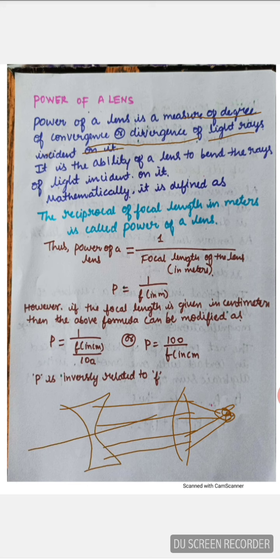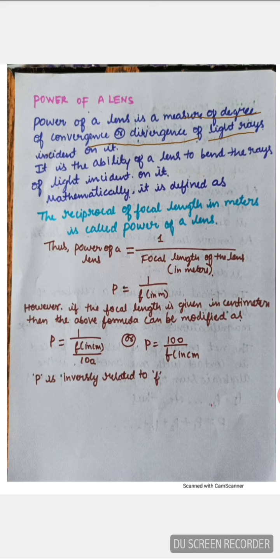If it is a diverging lens, the rays will be diverging. So this ability of lens to converge or diverge, the measure of this convergence or divergence we call as power of lens. So in other words, it is the ability of lens to bend the rays of light incident on it.